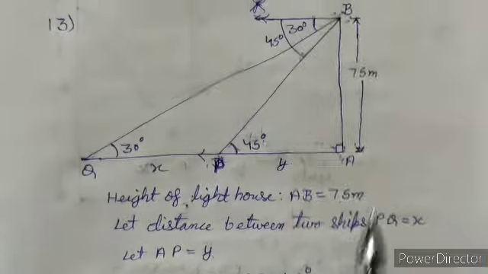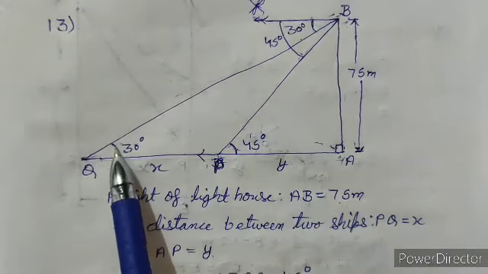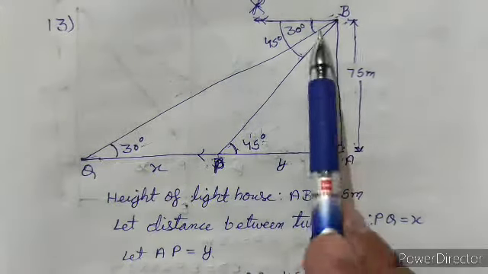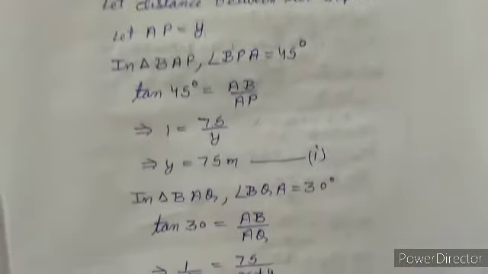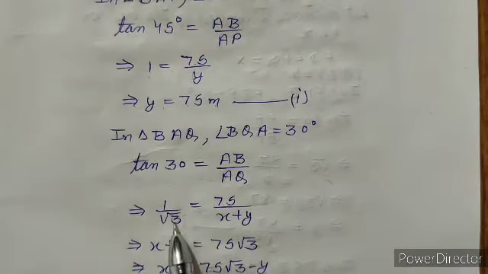Now, in triangle BAQ, which is right angled at A, angle Q is of 30 degree. Tan 30 will be equal to AB upon AQ. Now, here value of tan 30 is equal to 1 by root 3.